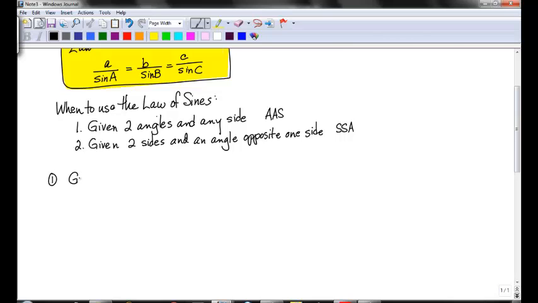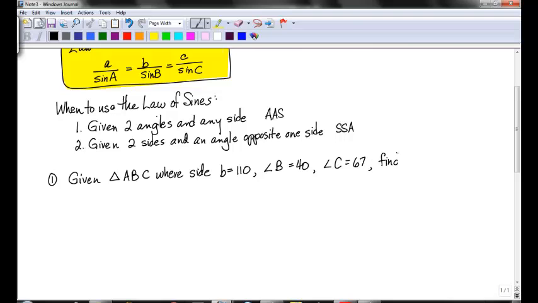Say you're given triangle ABC where side B equals 110, angle B is 40 degrees, angle C is 67 degrees.